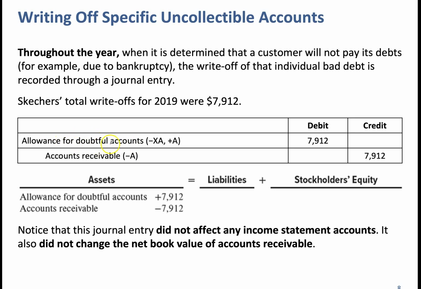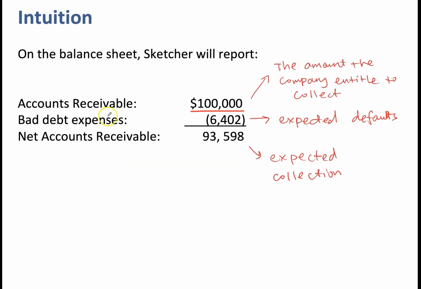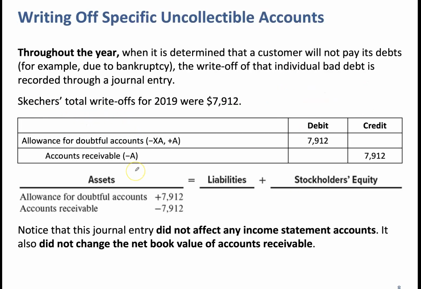So if you debit a contra asset account, you decrease that account, just like you debit a liability account, you decrease the liability account. And then we will also decrease the accounts receivable, which means we will be reducing the amount that we are entitled to receive, because that person will no longer pay you back. So that amount should be taken out from the original amount that you think you're going to receive.